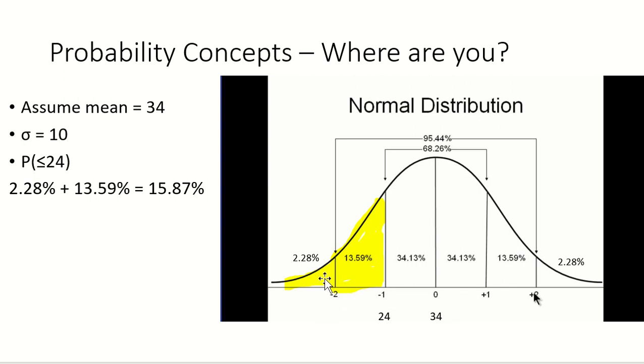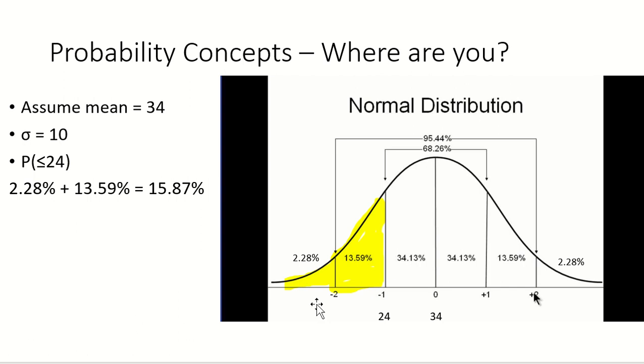The probability that it's going to fall below 2 standard deviations is 2.28%. The chance that it's going to fall between 2 and 1 standard deviation below the mean is another 13.59%. So I can say that the probability that the next bag is going to weigh less than 24 pounds is only 15.87%. Okay, we're getting much closer.